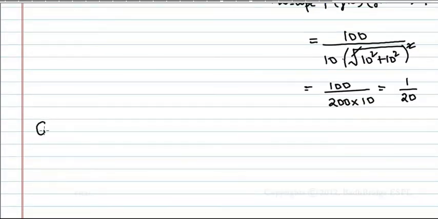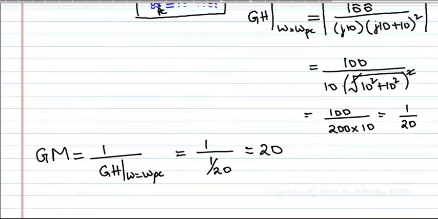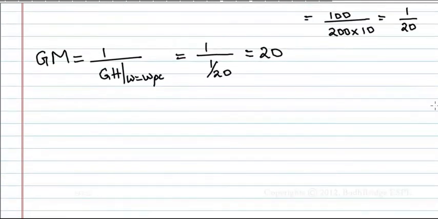Therefore what is gain margin? Gain margin equal to 1 by GH at omega equal to omega PC, that is equal to 1 by 1 by 20. Therefore 20 is the answer, gain margin. But gain margin is generally given in dB. See here, dB, dB.